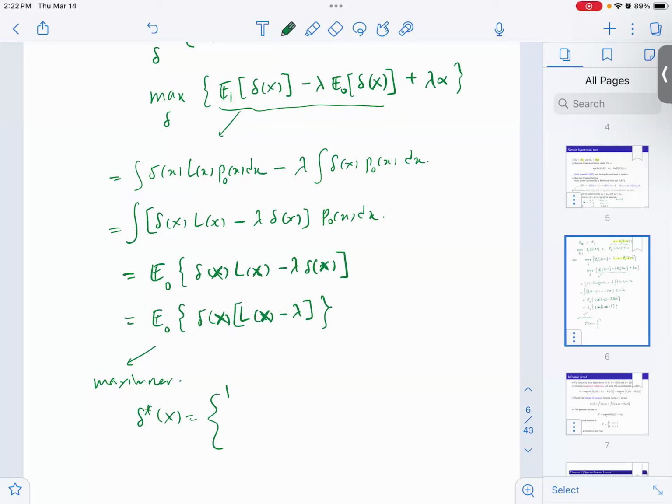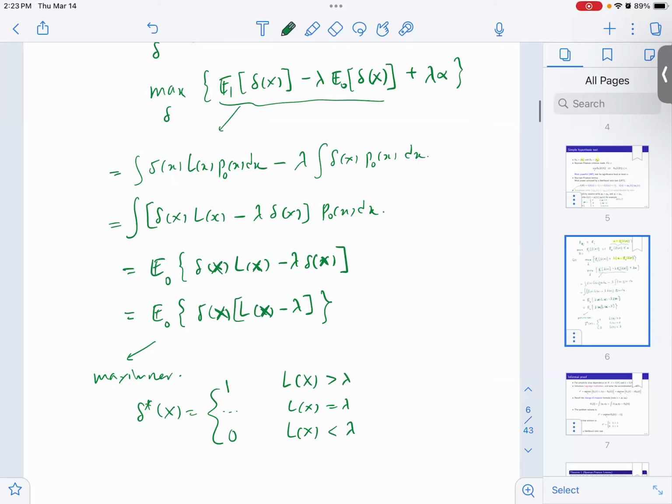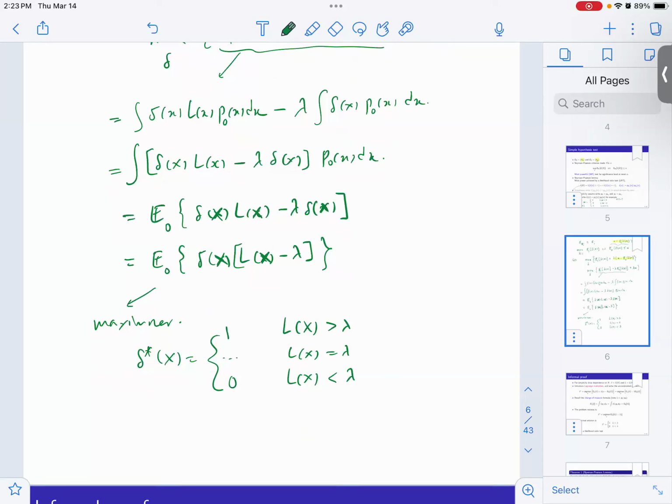If it's negative, I want it to be as small as possible, so make it zero. So the solution would be: if this is bigger than lambda, it's going to be one. If this is less than lambda, it's going to be zero. If it's equal to lambda, it doesn't matter. We don't care, at least as far as this goes. So this sort of gives you the structure.